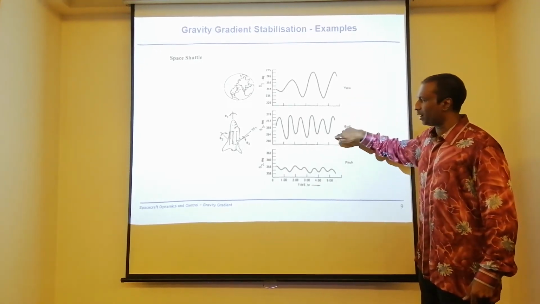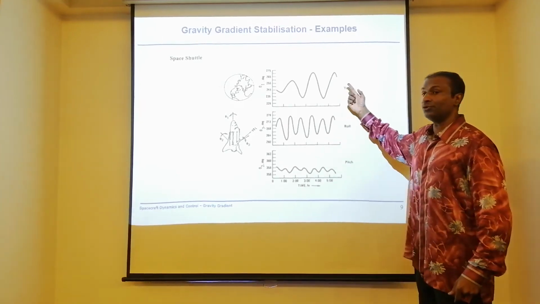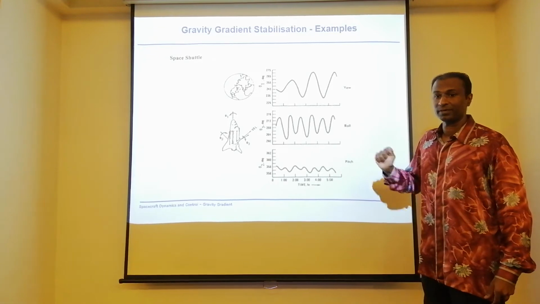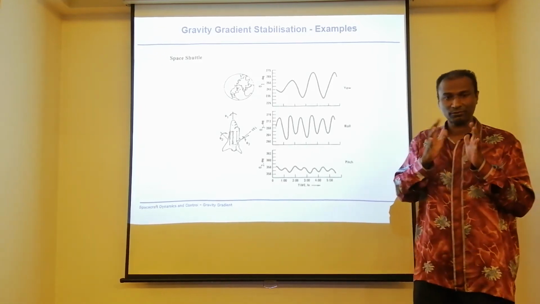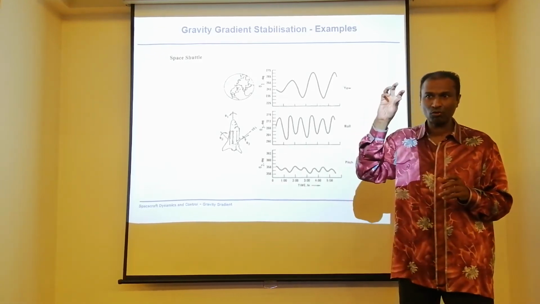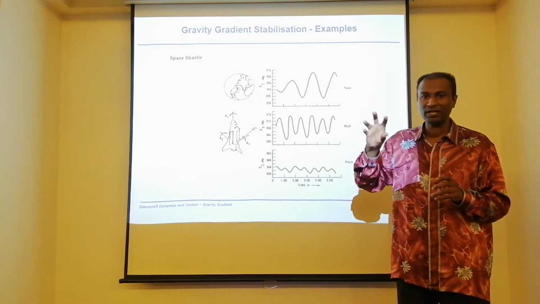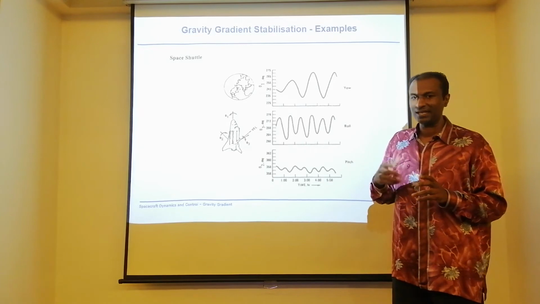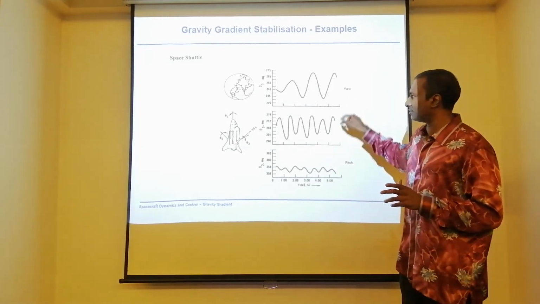So if roll is affected, yaw will finally also be affected. Although we have seen in the gravity gradient formulation that you have only the roll component and the pitch component, you don't have the yaw component, it doesn't mean the side effect doesn't happen. This is how the side effect happens.